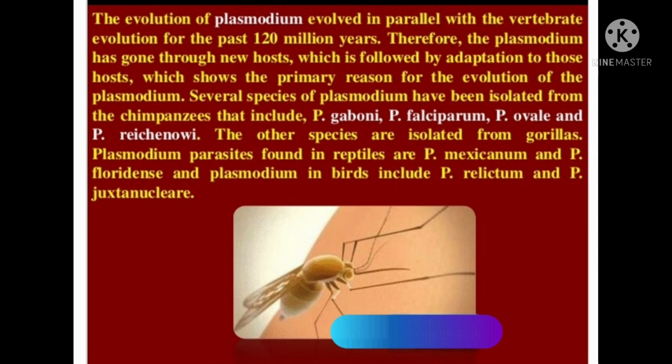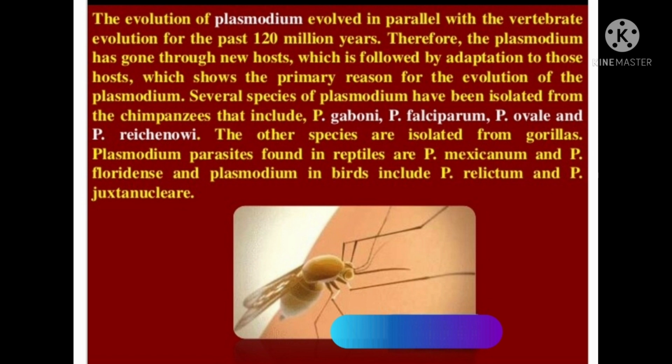Several species of Plasmodium have been isolated from chimpanzees, that include Plasmodium reichenowi, Plasmodium falciparum, Plasmodium ovale, Plasmodium rodhaini. The other species are isolated from gorillas. Plasmodium parasites found in reptiles are Plasmodium mexicanum, Plasmodium floridense.